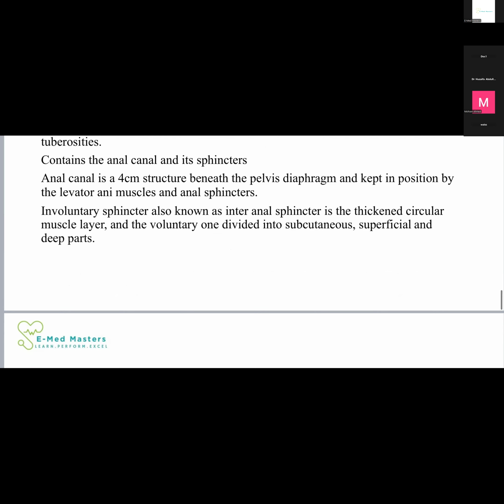There are 2 sphincters that control anal movements: the involuntary sphincter and the voluntary sphincter. The involuntary sphincter is also known as the internal anal sphincter, and it is formed by the thickened circular muscle layer. While the voluntary sphincter, which is the external anal sphincter, has 3 parts: subcutaneous, superficial, and deep. You just have to remember the names only.